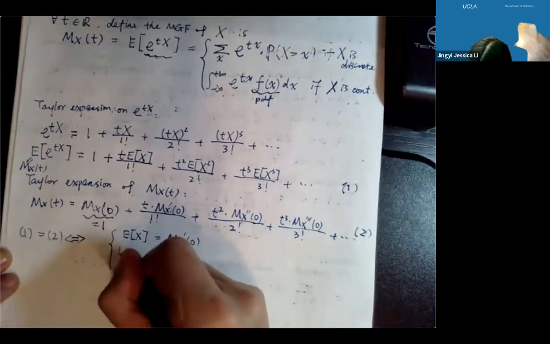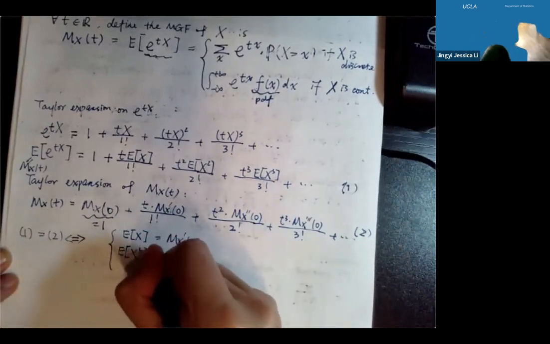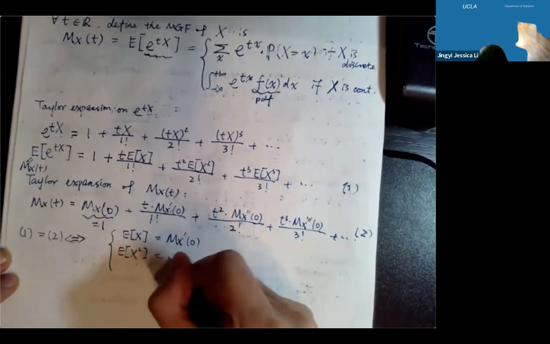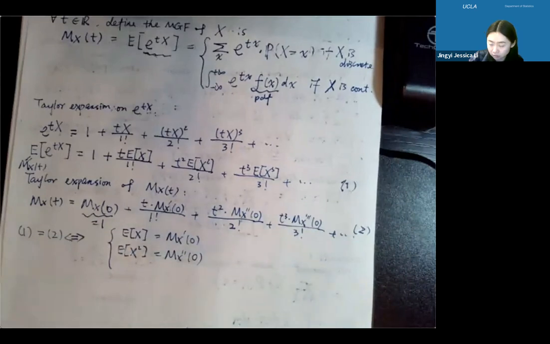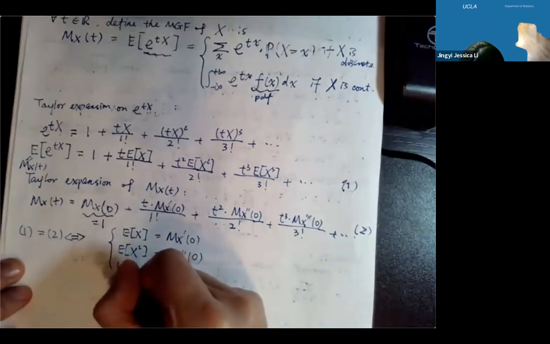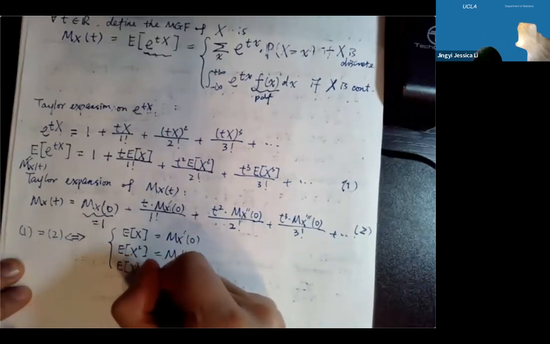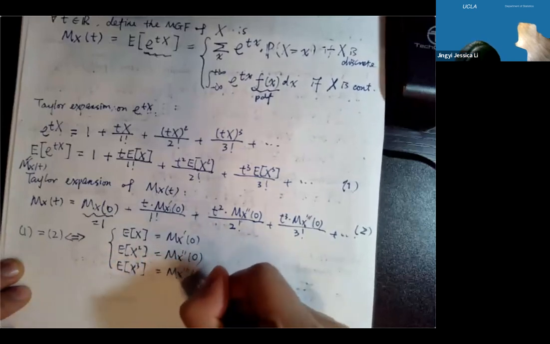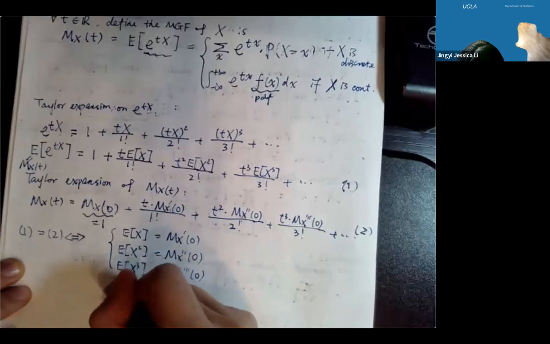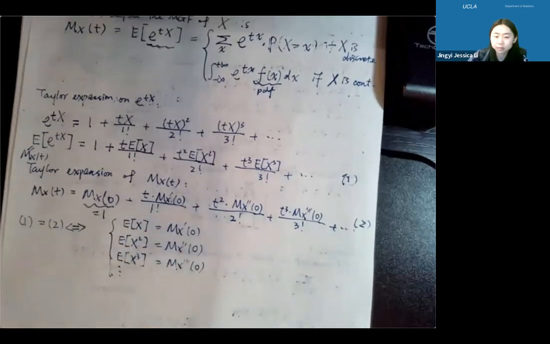And the expectation of x squared, the second moment, should be equal to the second derivative of the MGF at 0. And the expectation of x cubed, the third moment, should be the third derivative of the moment generating function at 0, and so on. So we can go to other moments.